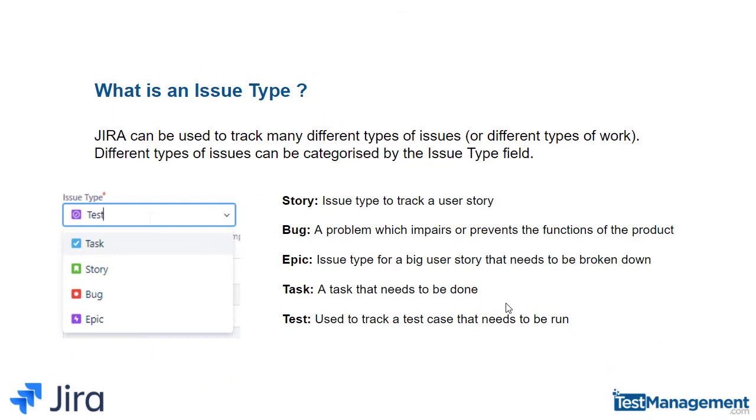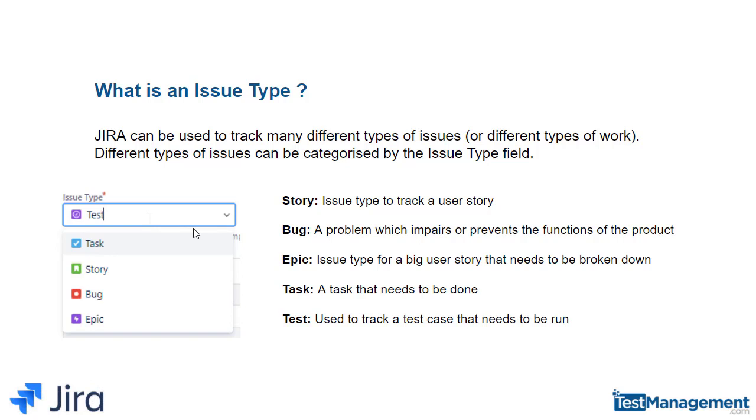So what is an issue type? Well, Jira can be used to track lots of different types of work, and different types of work can be categorized using the issue type field, and it's a standard field within Jira where you select what type of work or what type of issue it is that you want to create.